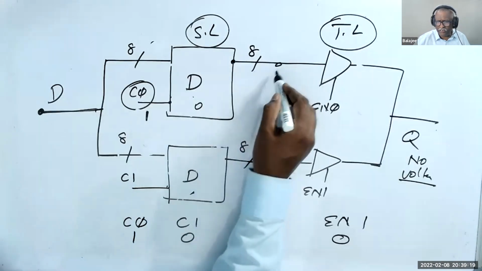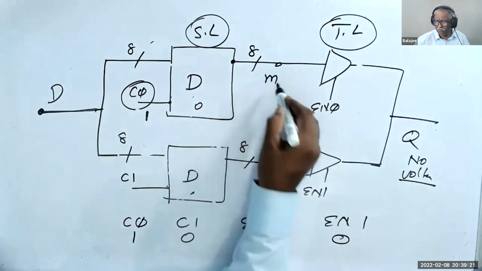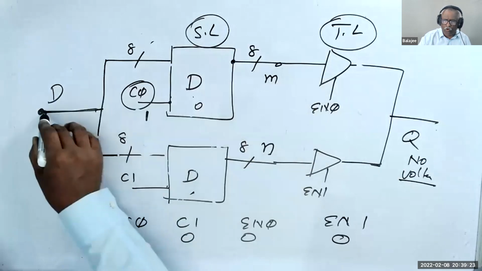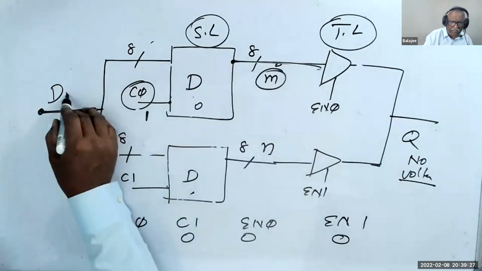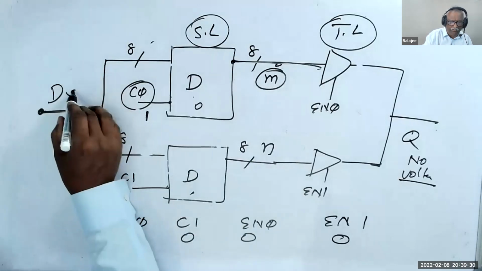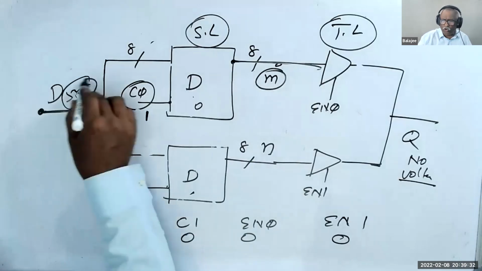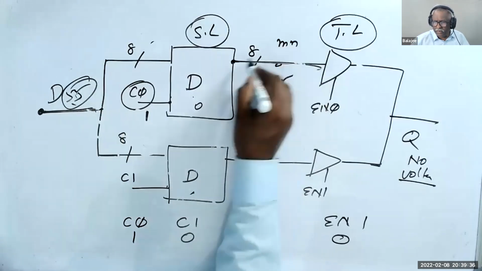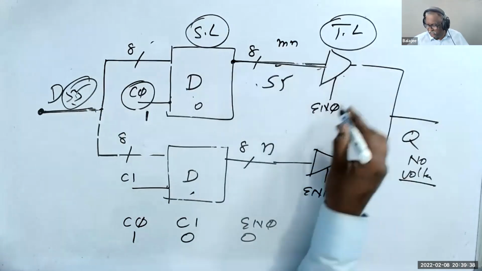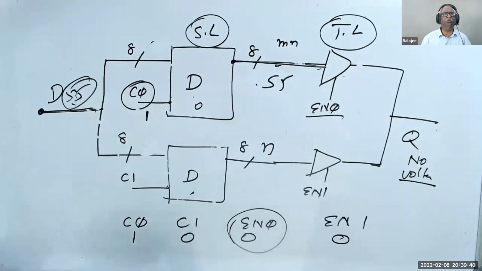We may call these M and N. The D goes to M. So if you give D as 55, the 55 goes here to M. But it cannot go out because enable 0 is 0.